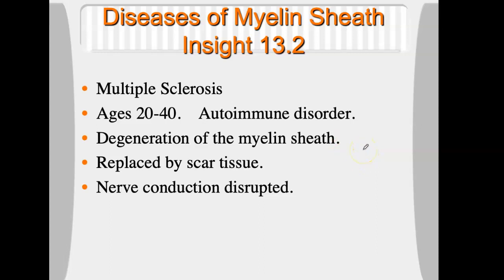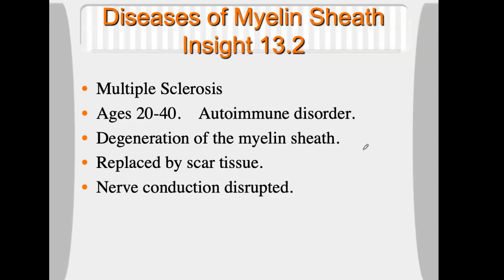Your immune system fights your own myelin sheath, and it starts to degenerate. You sort of destroy it, and it's replaced by scar tissue. Nerve conduction needs that sheath for conduction to happen well. Once you start to destroy the sheath, then that conduction velocity drops, and sometimes conduction drops altogether.